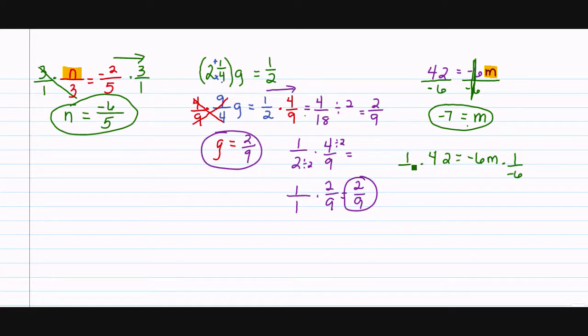So I can also multiply by 1 over negative 6 on both sides. That cancels out, leaving you m, and gives you 42 over negative 6, which is negative 7. Okay? I prefer to do it this way, but you can do it either way. It's the exact same thing.